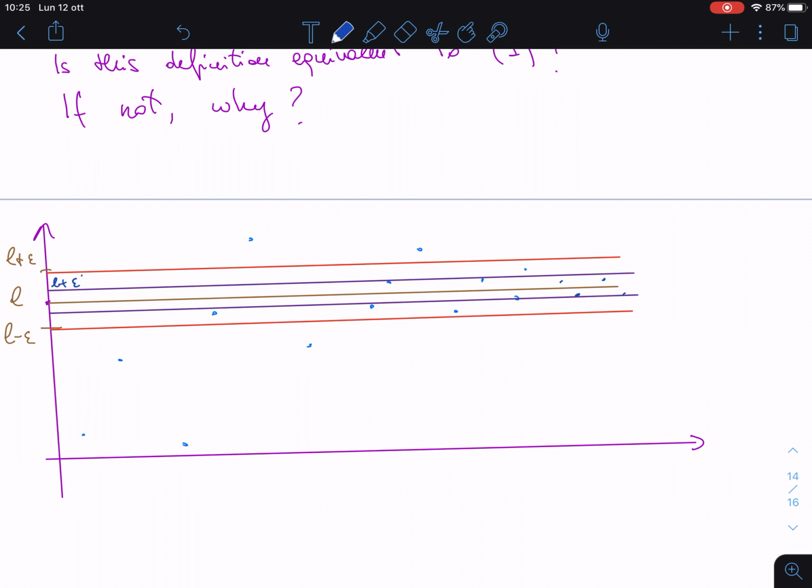This is L plus epsilon prime, this is L minus epsilon prime. And for instance, in our picture, this is the n bar related to epsilon, in the sense that after this point the sequence always falls inside the red stripe, but in order to fall inside the blue stripe you have to wait a bit more. So this is n bar of epsilon prime.